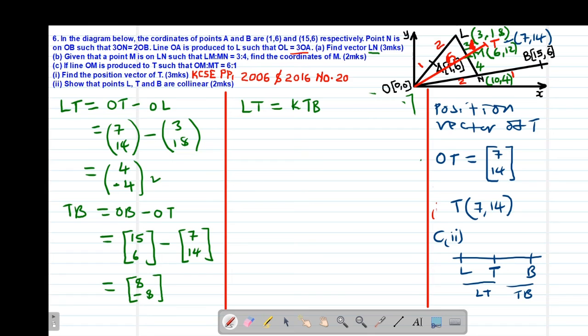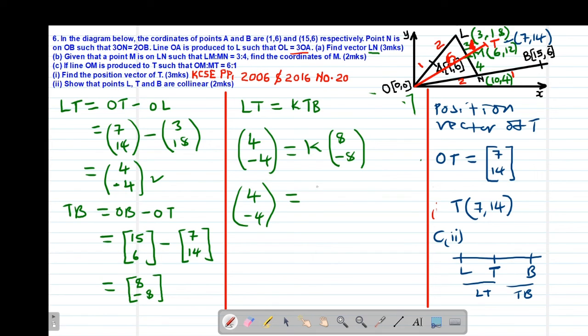Therefore our LT, we have found it as 4, negative 4. Then this should give us a constant K times TB. So TB, we got it as 8, negative 8. If I open the bracket, 4, negative 4 should give us 8K, then minus 8K.